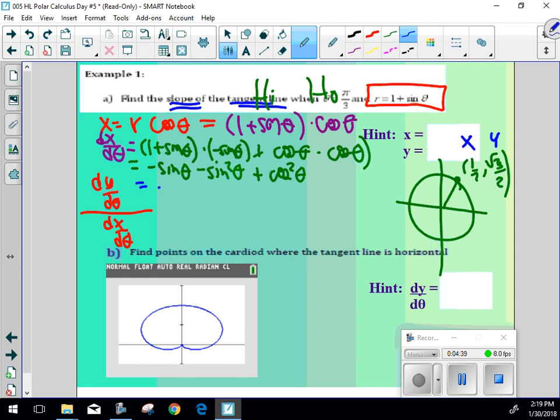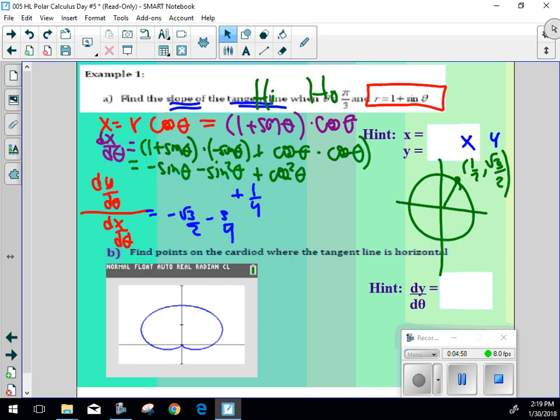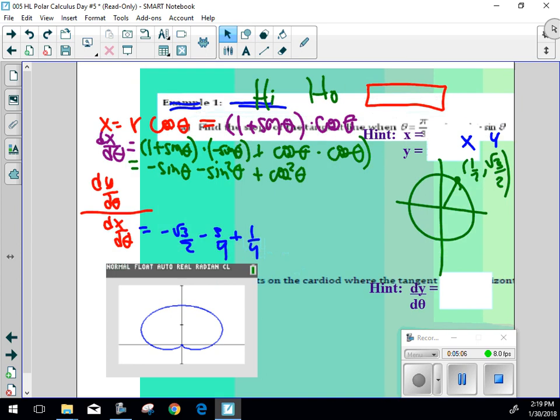So this is going to be negative square root of 3 over 2. And then we're going to square it, gives you 3/4. And then we're going to square the x and you get plus 1/4. So, yeah, that is dx d theta.